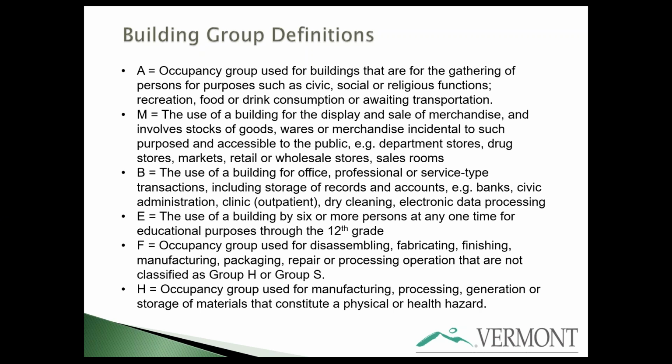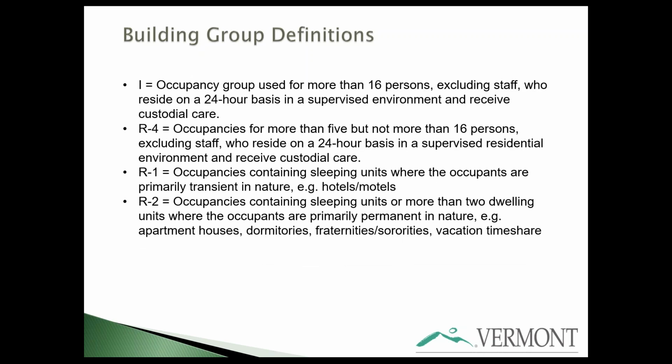F is for kind of industrial factory, disassembly, fabricating, finishing, manufacturing type buildings. H is basically the same as F, but in areas that constitute a physical or health hazard. I is institutional.